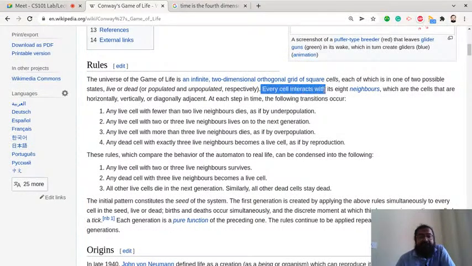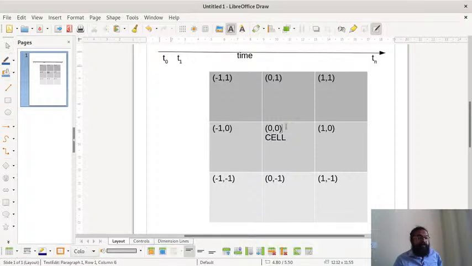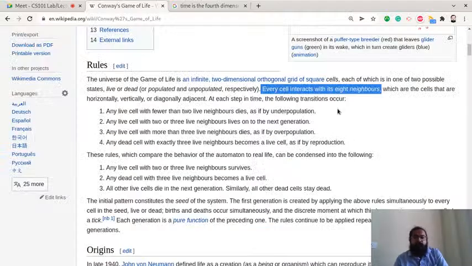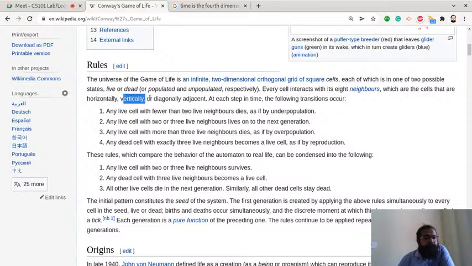Each cell interacts with its 8 neighbors. So this cell that we have over here interacts with the other 8 neighbors, which are the cells that are horizontally, vertically, or diagonally adjacent.